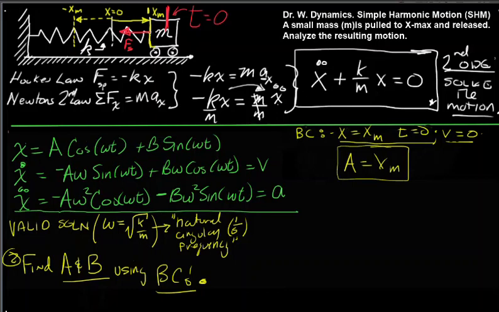And our second boundary condition would be that v is equal to 0 at t equal to 0. And this equation represents v, so cosine of 0 is 1, sine of 0 is 0, it takes that out, and this is 0. So we have that b omega is equal to 0.